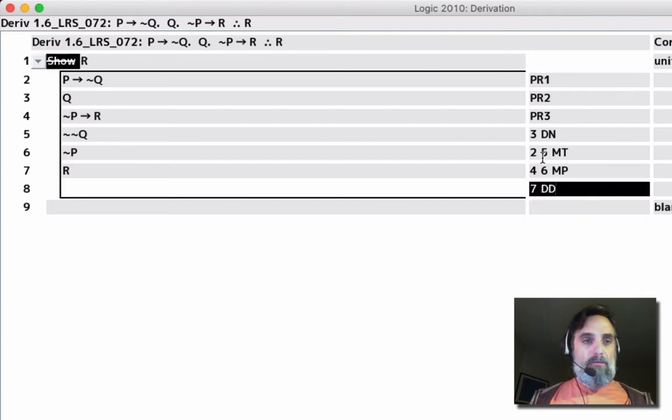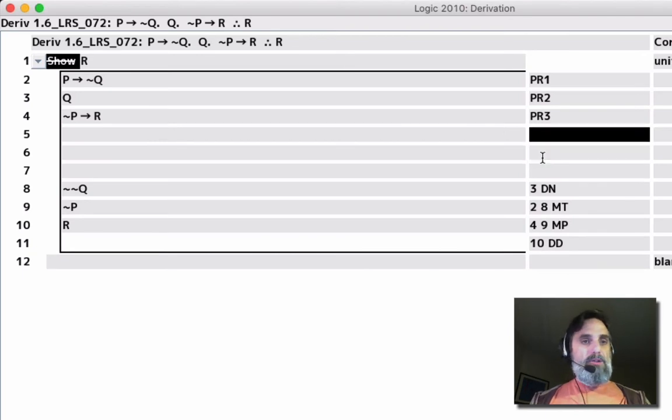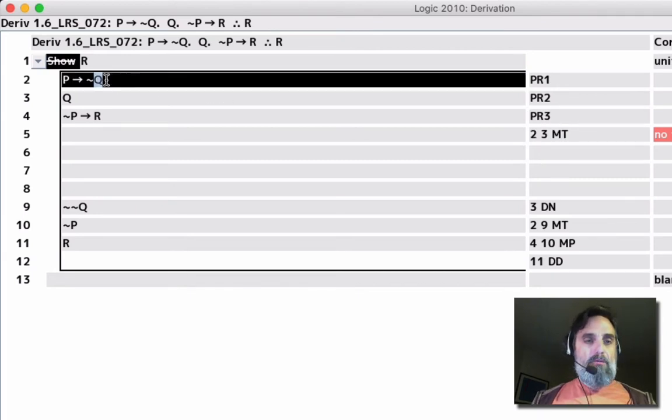Now I want to just make really clear, if we try to do modus tollens with 2 and 3, it's not going to work, right? Why? Well, because MT is really strict. It says, well, what is the consequent of this? You need the negation of this, and the negation of that is that thing plus another negation, okay?